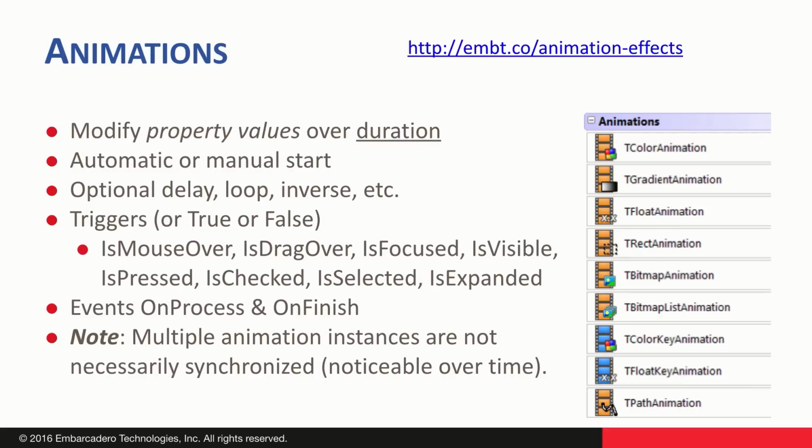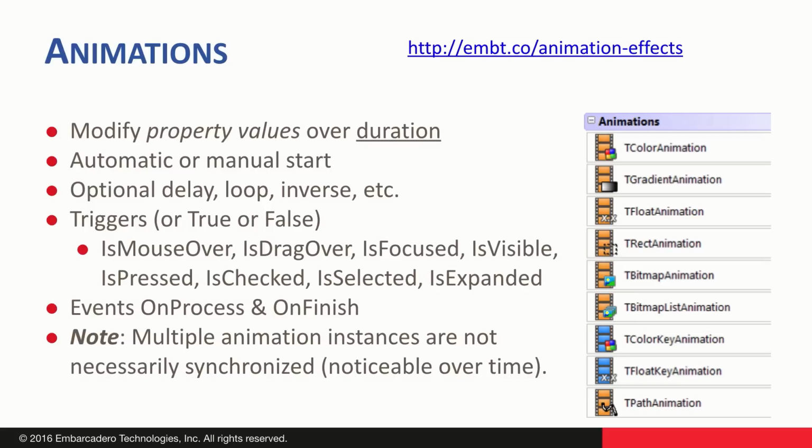But if you have 2 controls and you want to animate them both to stay next to each other, for example, then you need to have one animation component animating both of them. And so on the event of the animation, you want to have it changing properties on both.